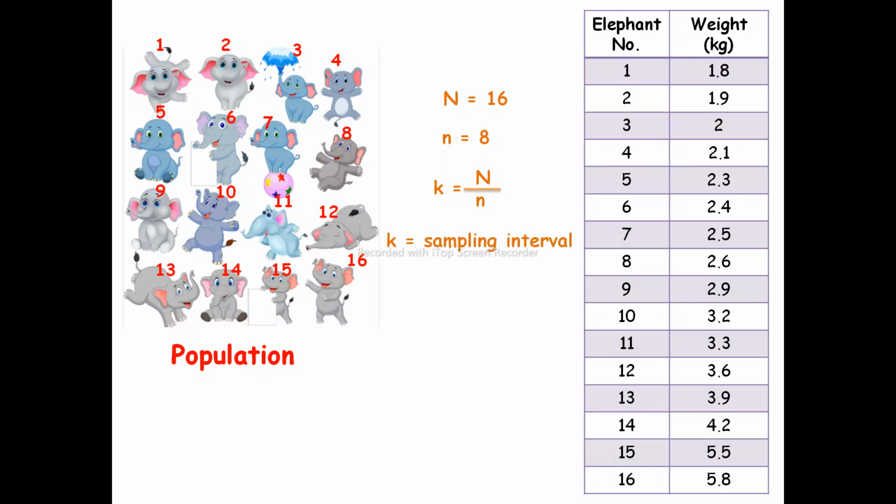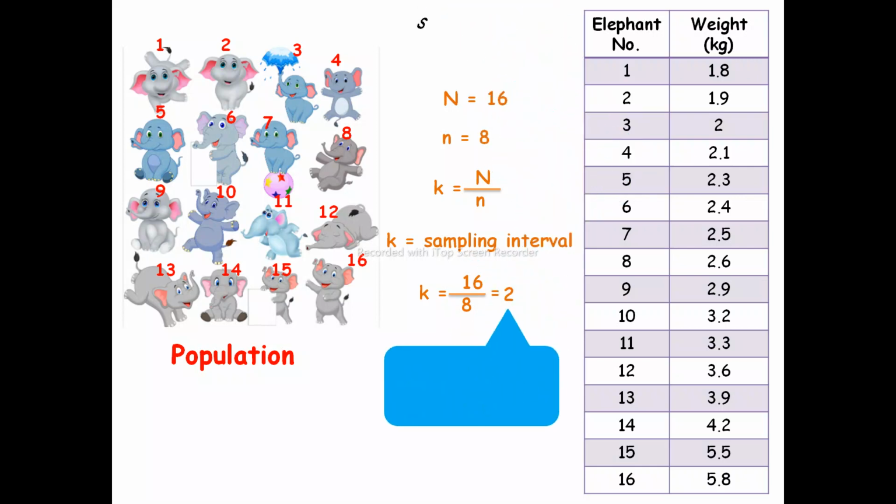K means sampling interval, which means after how much interval we need to select a sample. Now let us check out this equation. We need to put in the values of capital N and small n. So capital N is 16 and small n is 8, which gives 2. So we got the k value as 2.